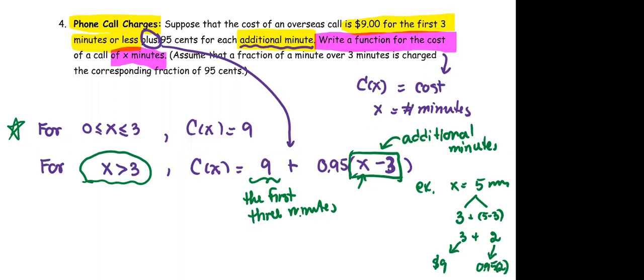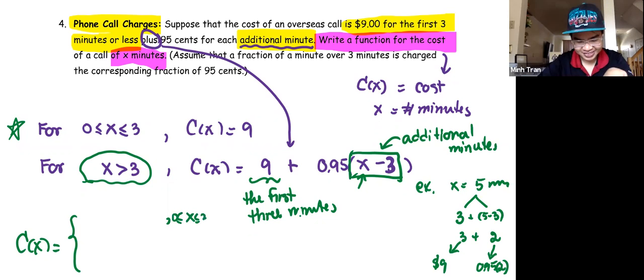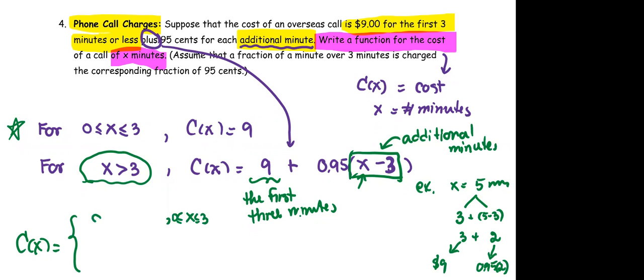So for this case, we can put it as C(x) as a cost function, and it's called the piecewise defined function, which represents options for the unknown. For the first option, for x between 0 and 3, the cost function will go with $9.